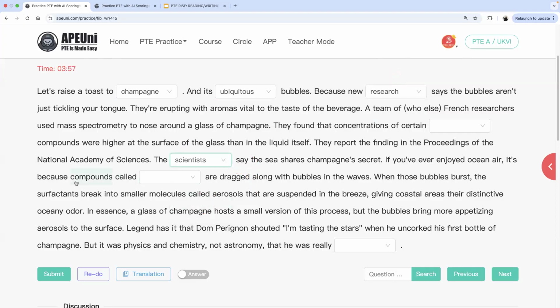Okay, then: if you have ever enjoyed ocean air, it's because compounds called dash are dragged along with the bubbles in the waves. What compounds will come along with the bubbles?